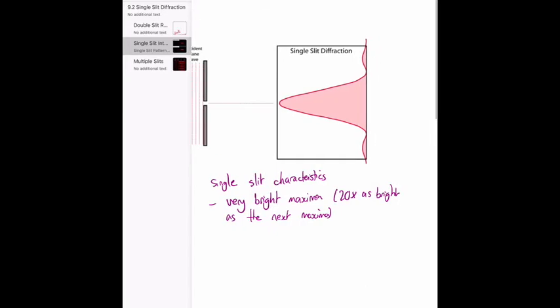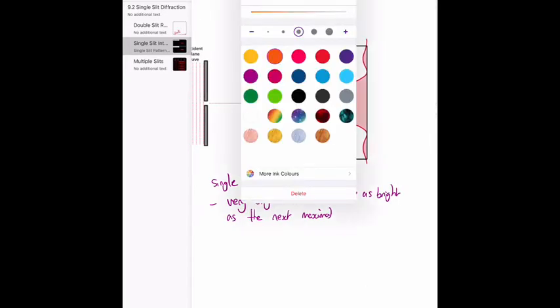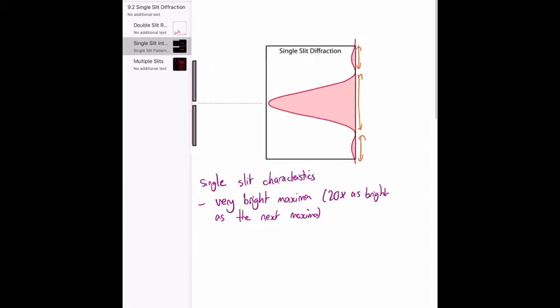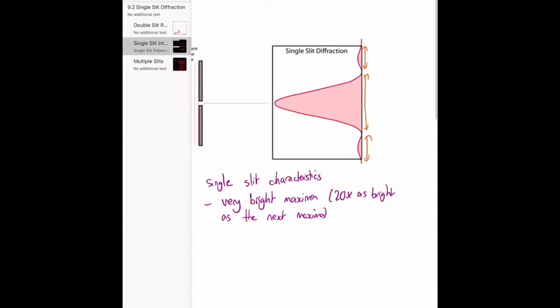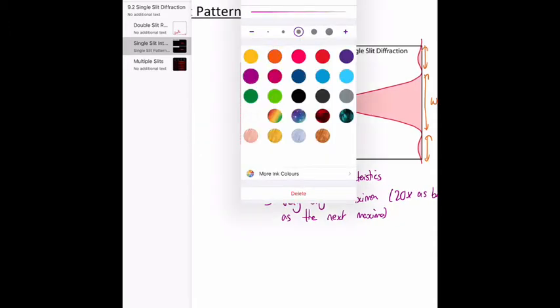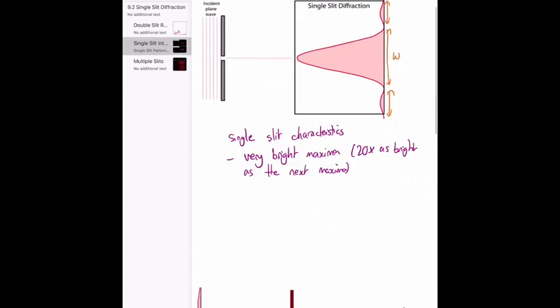Also, if we take a little look at these maxima, we can see the width of that one is much wider than these two. And in fact, the width of that central maxima is twice as wide as the other maxima. So that's the second characteristic that we need to be aware of.